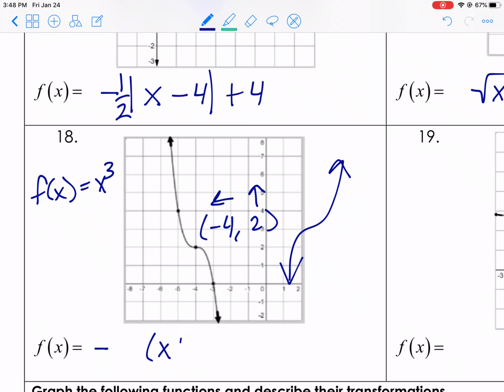So that's going to look like x +4 to the third, and then +2. Now, notice on your parent function graph that the middle spot and the next ones are 1 away from each other. But in this case, they're not. It's 2 away from each other, right? So this is being stretched by a factor of 2.